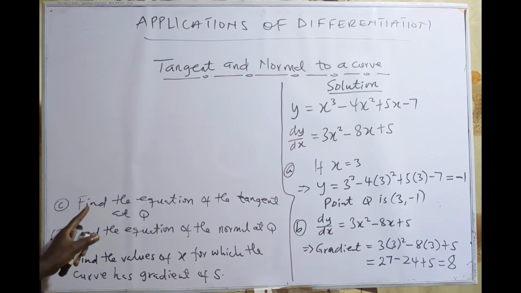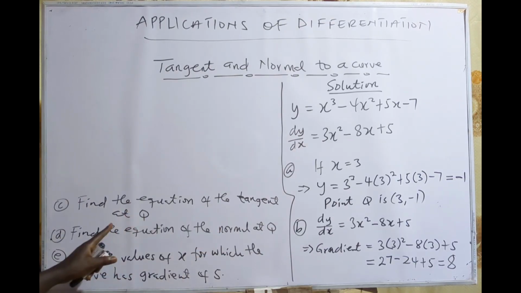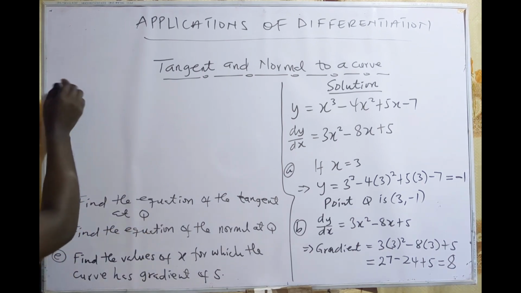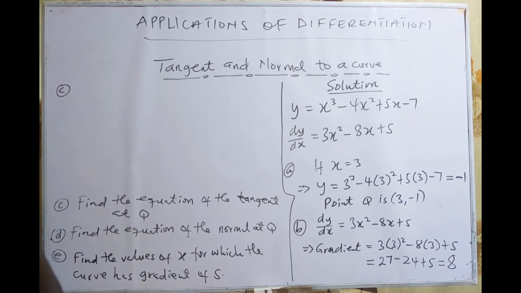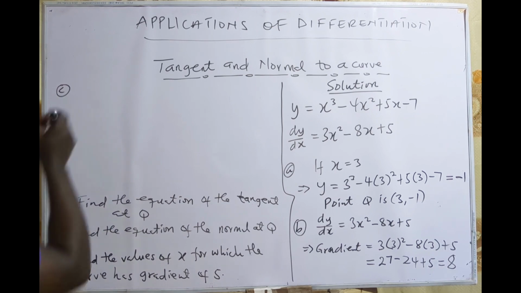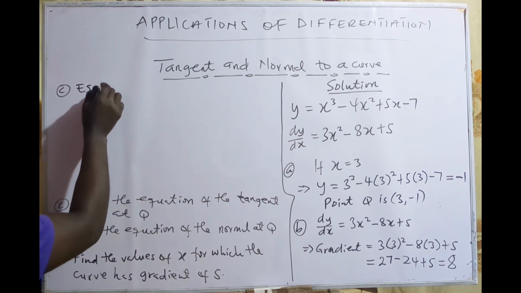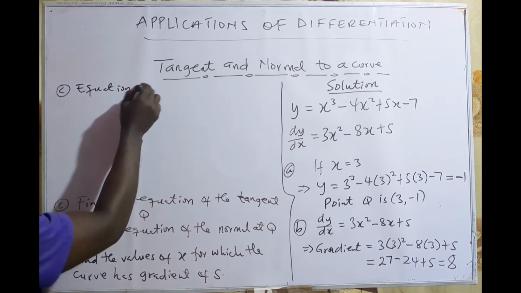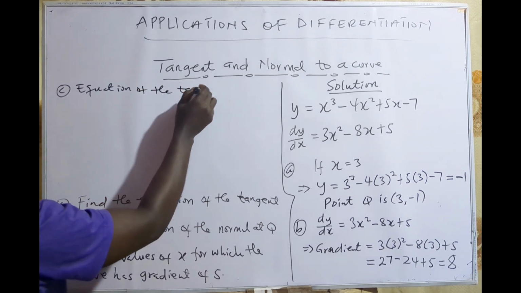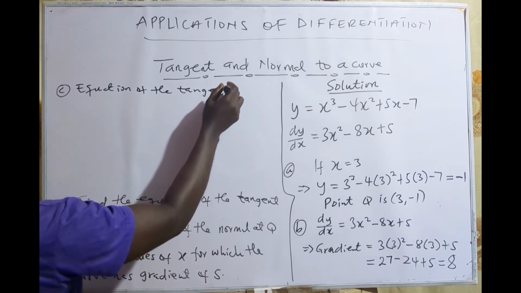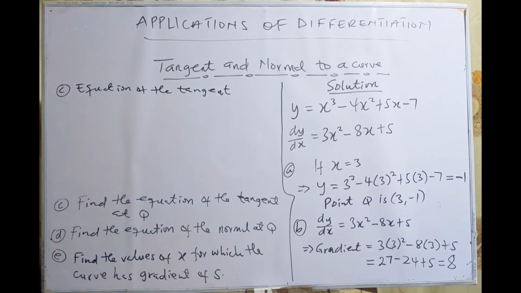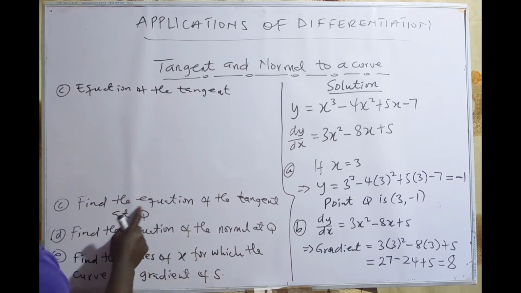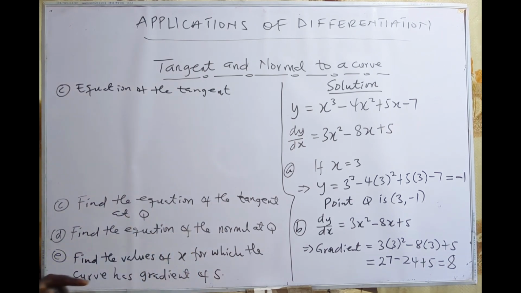So C. Find the equation of the tangent at Q. The equation of the tangent. So the tangent is the straight line that touches the curve at a point.